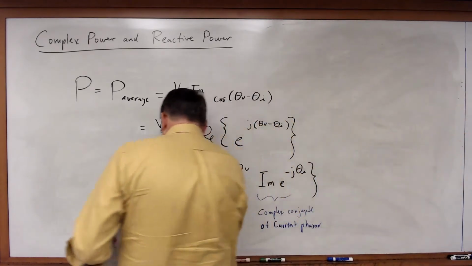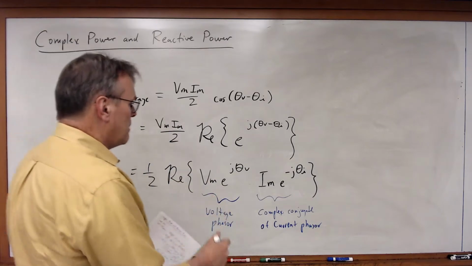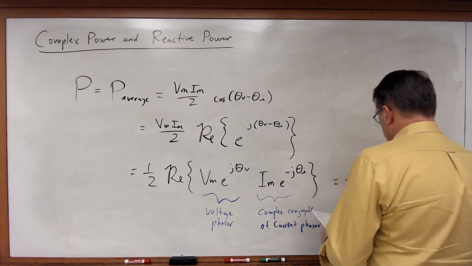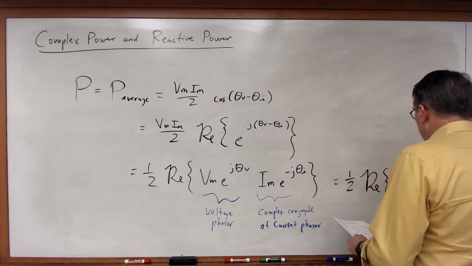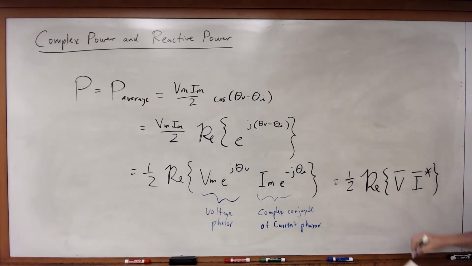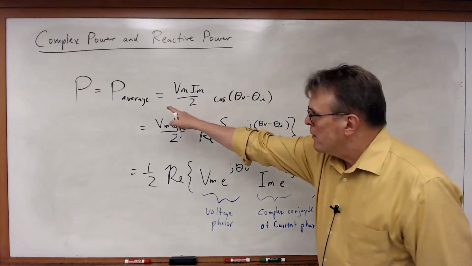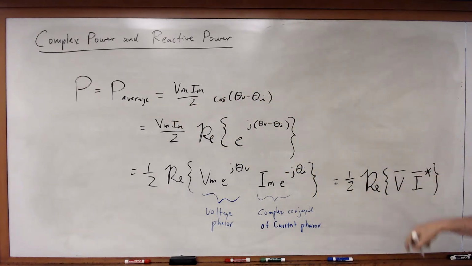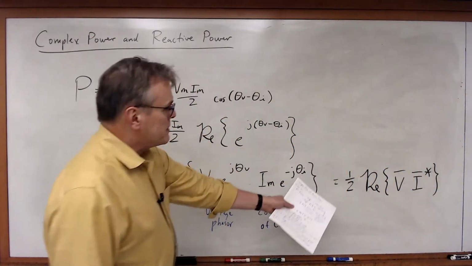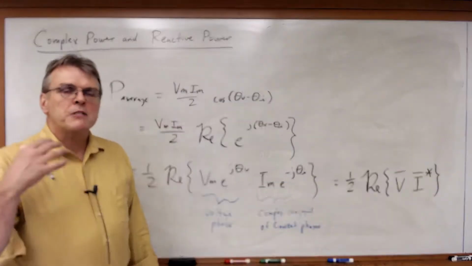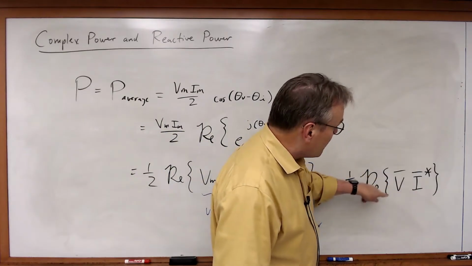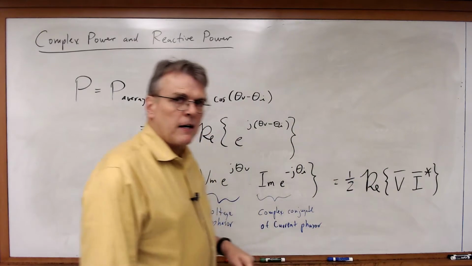So what we find is that this is equal to 1/2 times the real portion of V times I complex conjugate. That's what real power is. Real power is simply the real portion of that product, V times I complex conjugate. Given this, what if I define a term using both the real and the imaginary parts of V times I complex conjugate?